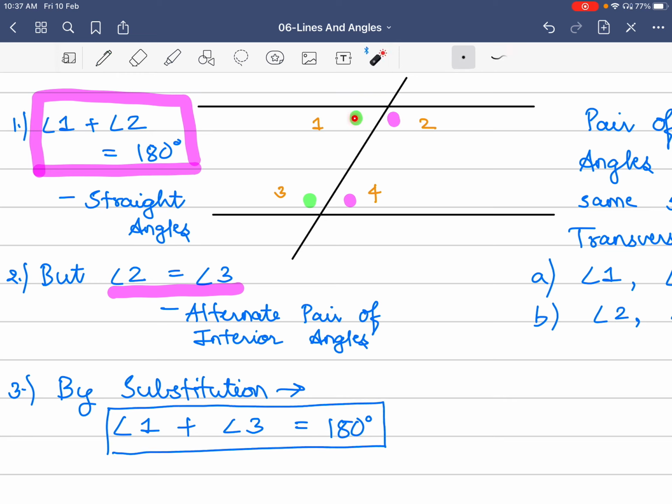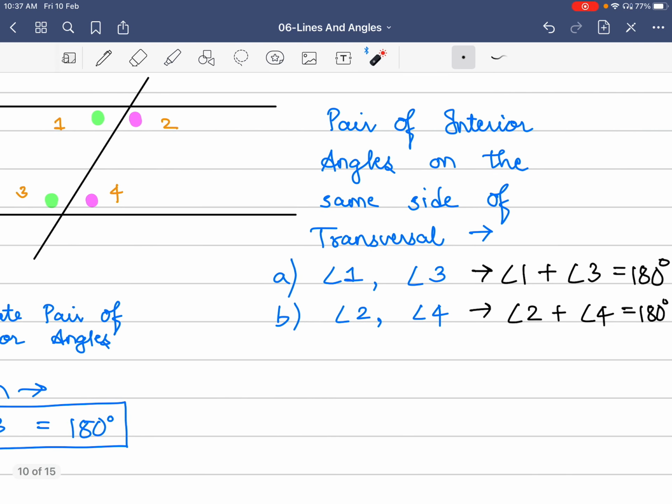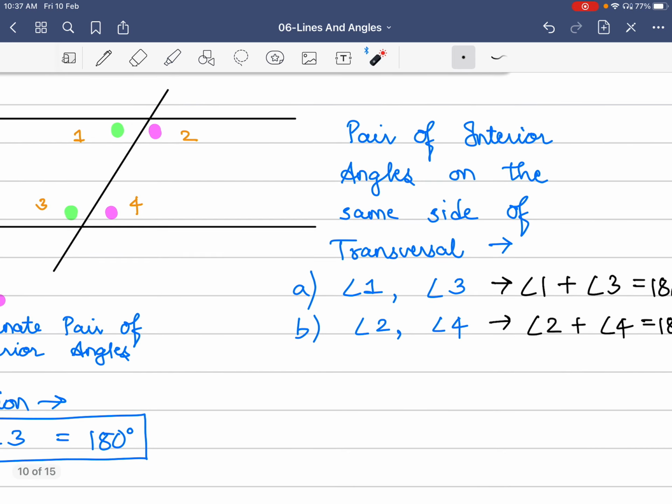So angle 1 plus angle 3 is equal to 180 degree, and that is exactly what the theorem wants us to prove. Okay, that angle 1 plus angle 3 is 180 degree, which means angle 1 and angle 3 are supplementary angles. So again, in the similar fashion, we can prove 2 plus 4 is also 180 degree. Why? Because 1 plus 2 is 180 degree and 4 is equal to 1 because they are alternate pair of interior angles.